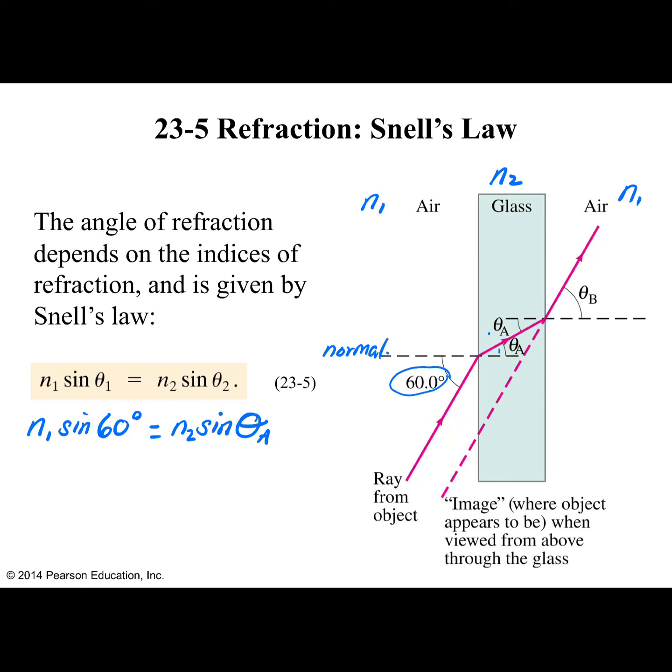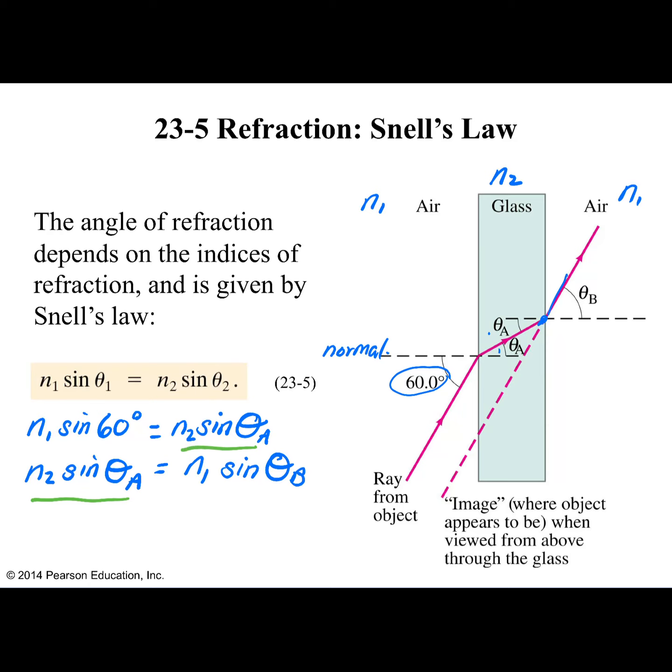Now I look at the refraction at this interface over here. Here I'm going from glass to air. So now, instead of n1 sine theta 1, I have the incoming, which would be n2 sine theta A, and that's equal on this side to n1 sine theta B. Notice here that we have n2 sine theta A in both.